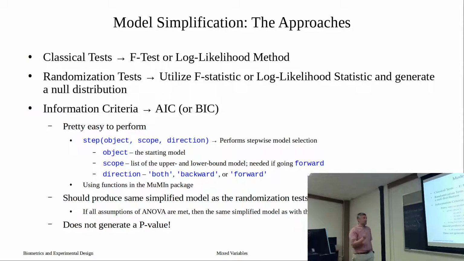Again, it's useful because we'll find our simplest model. So again, information criteria, we'll get the same results if we use information criteria and these other two, as long as our assumptions are met. If our assumptions are not met, then the randomization test and the AICs will come up with the same model. And if they come up with the same model, then use whichever one's easiest to perform.